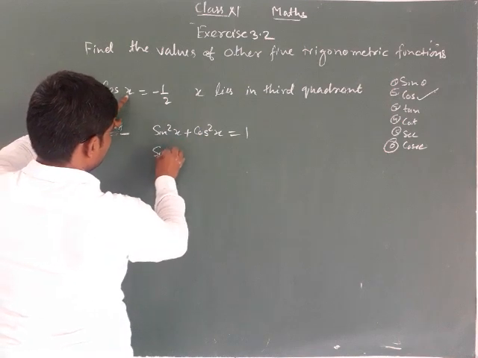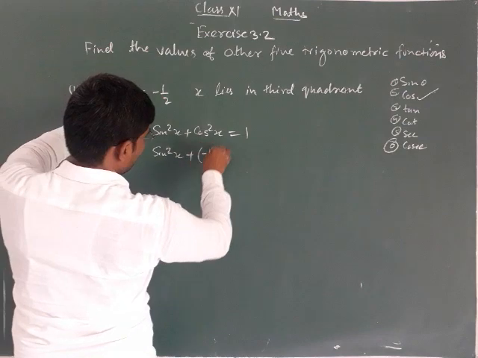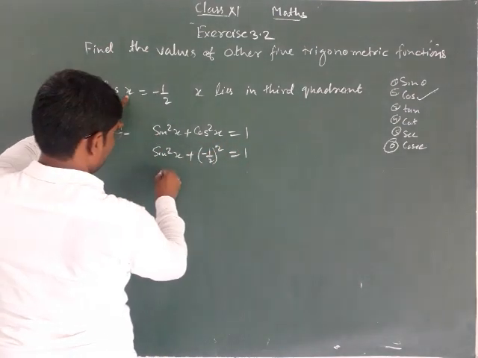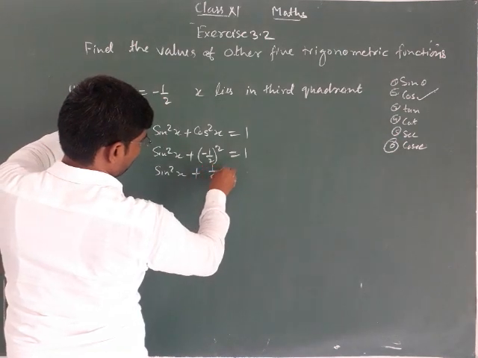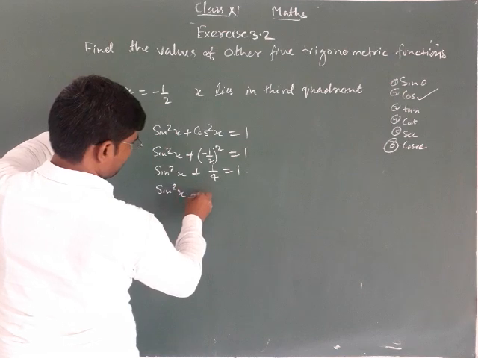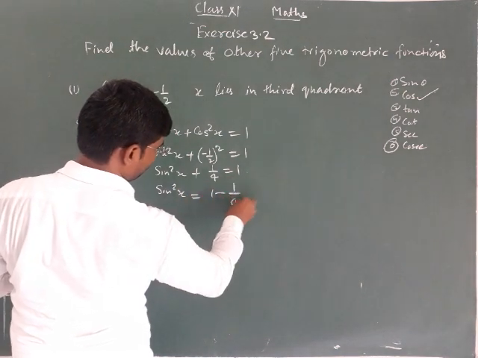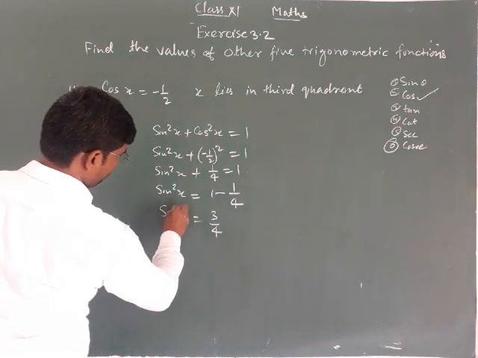Sin square x plus minus 1 by 2 whole square is equal to 1. Sin square x plus 1 by 4 is equal to 1. Sin square x is equal to 1 minus 1 by 4, so 3 by 4.